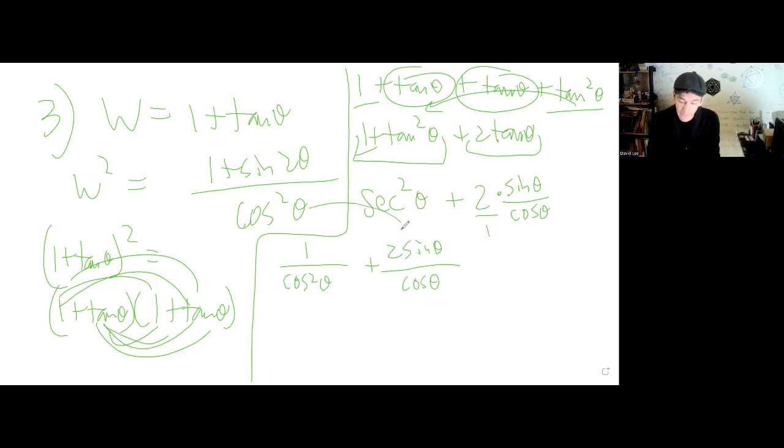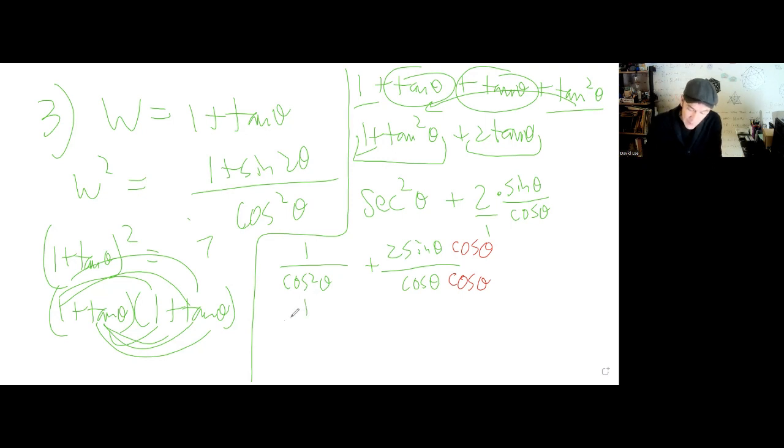Now, look here: 2 fractions being added together, but the denominators are different. So let's make the denominators the same. I multiply top and bottom by cosine, because then the denominators would be the same.